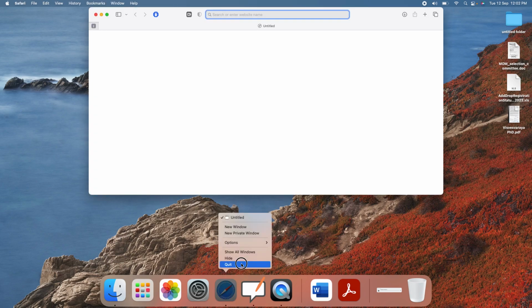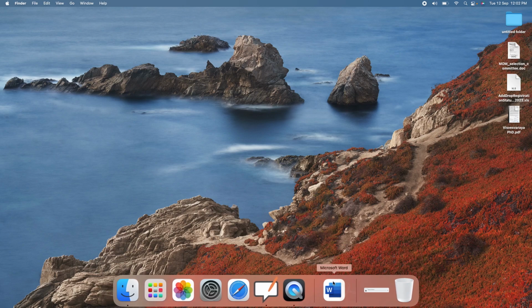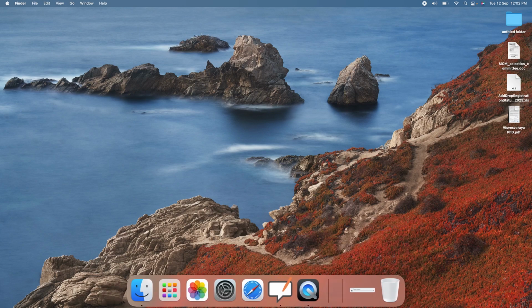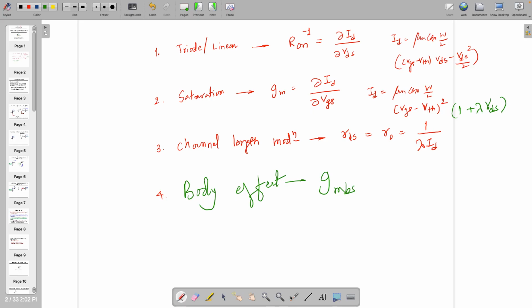If anything is running, I will close it. Still it is slow. Okay, so with the body effect, GMBS will be observed, and GMBS is nothing but eta times GM. Eta is some number, 1, 2, 3, 4, depending on your particular process.